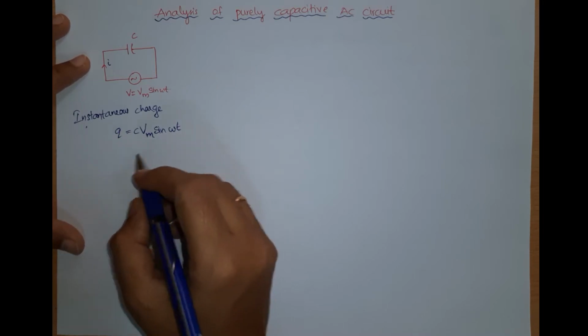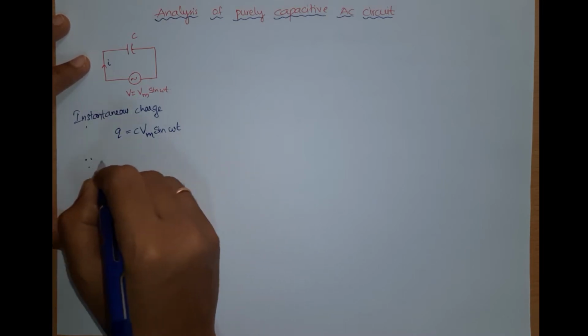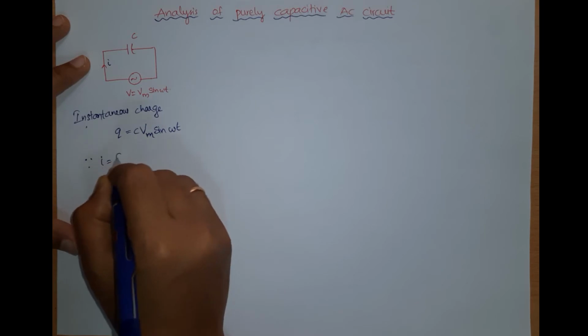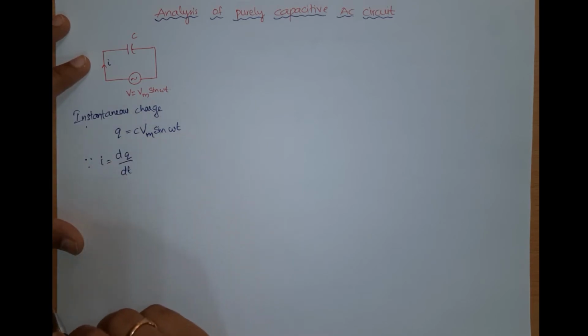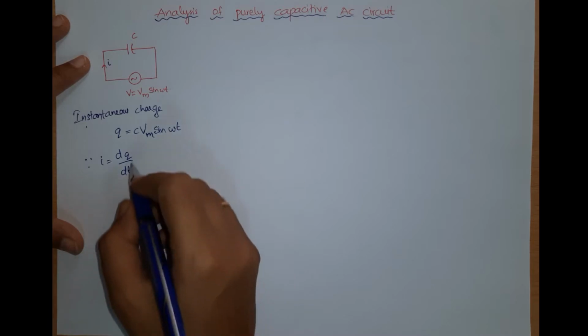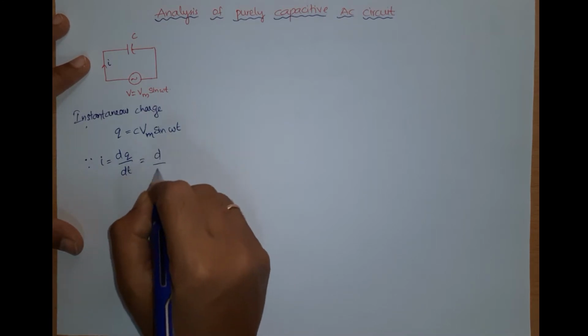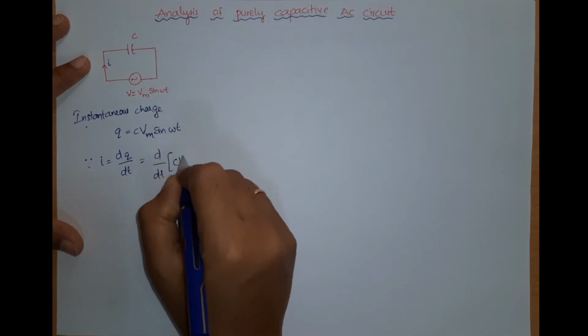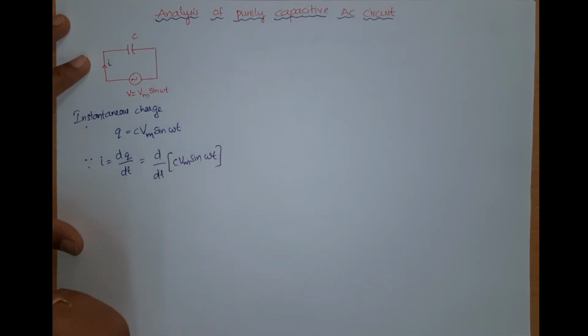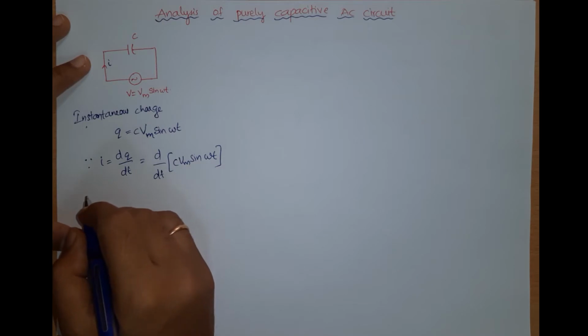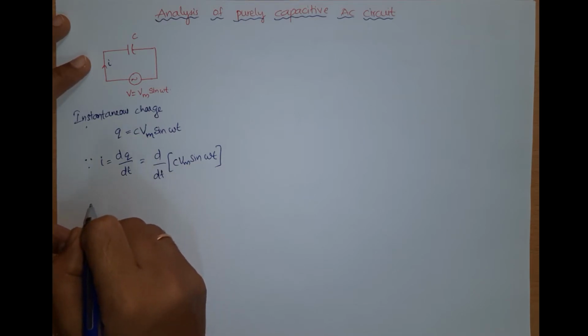Since we know that the current is the rate of change of charge, I is equal to dq by dt. So on doing it, d by dt of C Vm sin omega t.